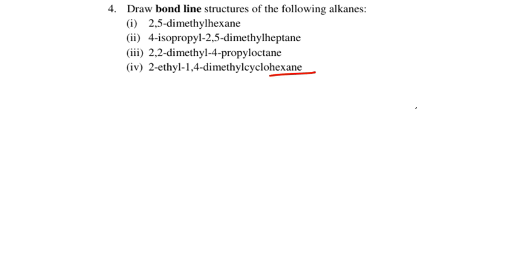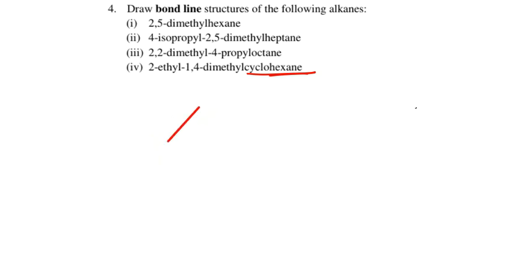Now the next one is cycloheptane. Pause the video and try that one out. Cycloheptane, meaning that it is cyclic, with 7 carbons. So 1, 2, 3, 4, 5, 6. How many carbons are we counting? Let me count properly.